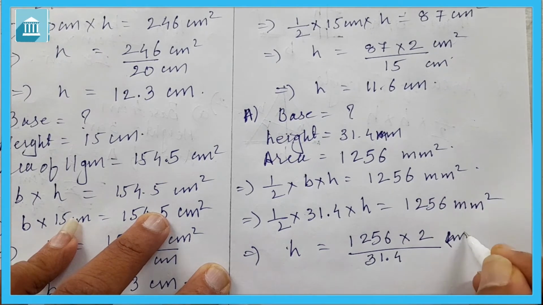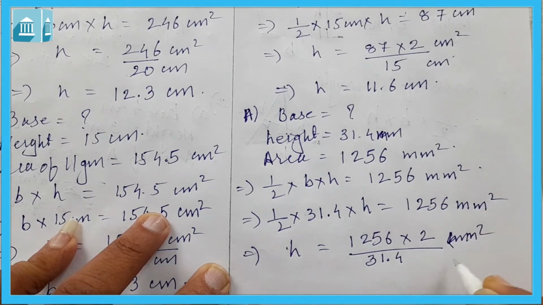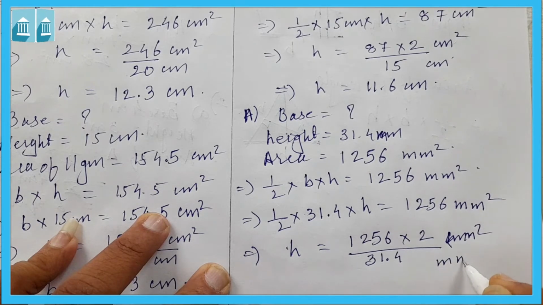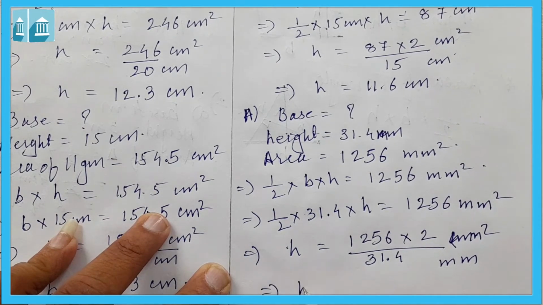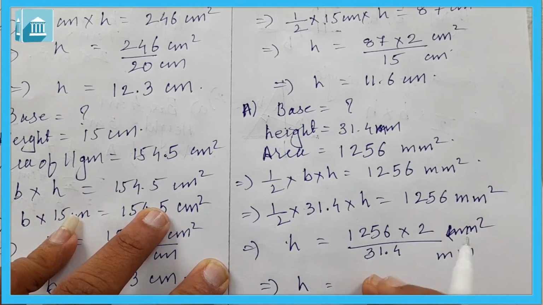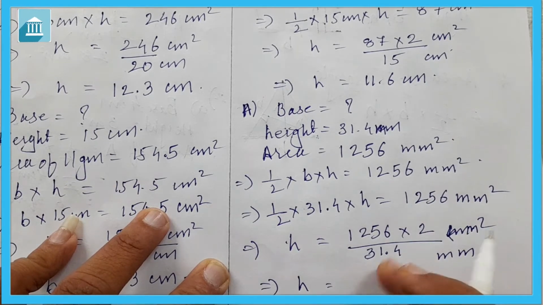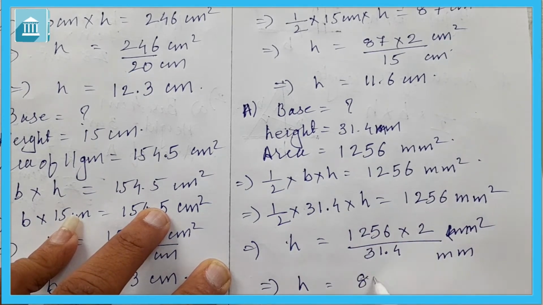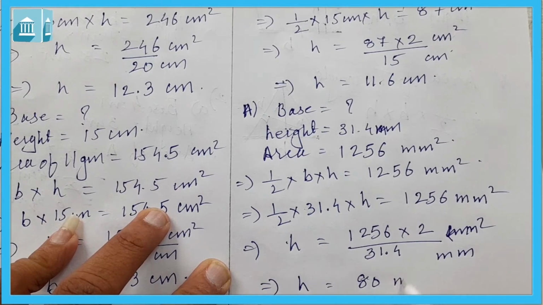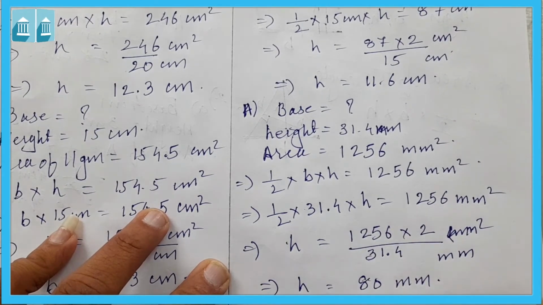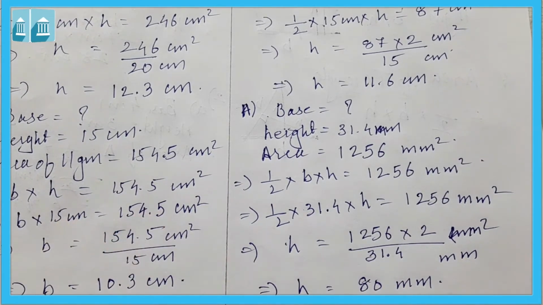Here it is millimeters square, here it is millimeter. So we can say that h is equal to 31.14. We can cut it here and into 8, so it will be 80 millimeter. So half into base into height. Here height is not given, height we got here 80 millimeter.